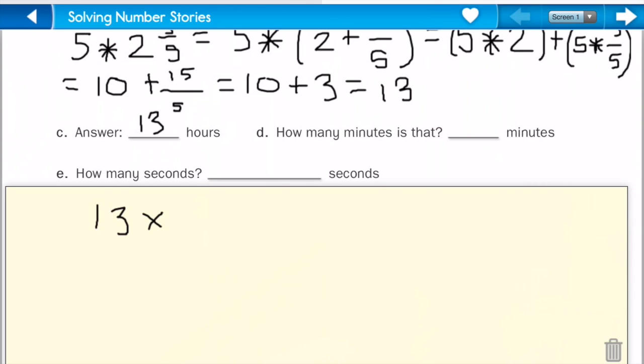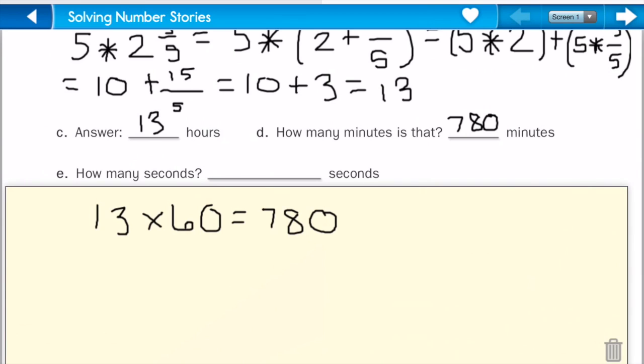Yeah, it would be times 60, because there's 60 minutes in an hour. So we can just do 13 times 6 and then add our 0. What would 13 times 6 be? Yep, it would be 78. And then we just use our 0 as our hero trick at the bottom down here. And so it'd be 780 minutes.